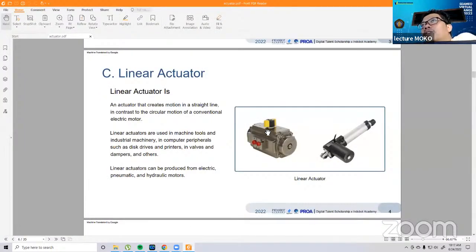Another type of linear actuator we also find in industry. Many types of actuators in industry use a linear actuator to push something and to move production machines.